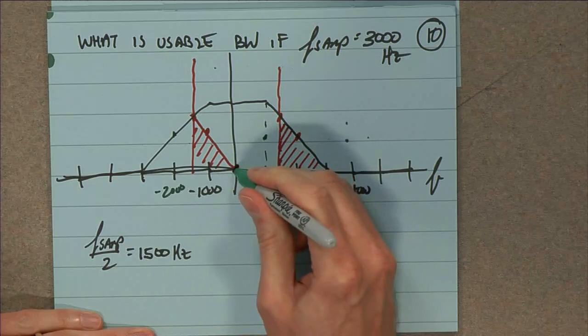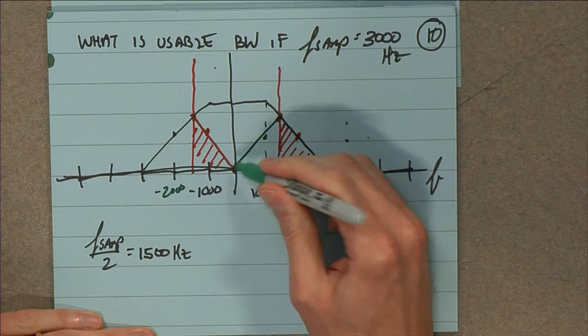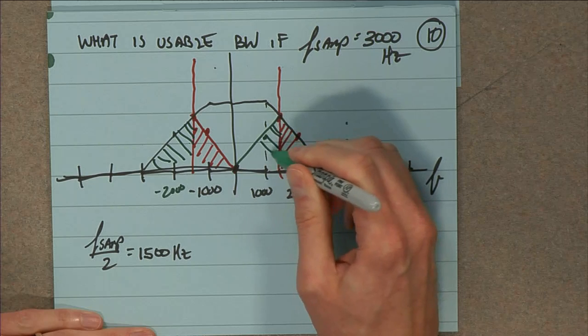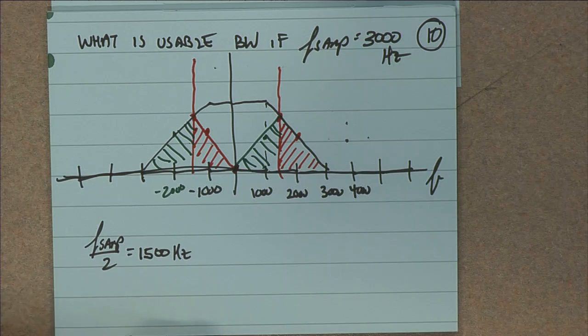Minus 3,000 aliases to there. And sadly, all this green bandwidth is aliasing into there. So that's not particularly good because that looks like there's nothing available now. All this bandwidth will be aliased. Or you could look at it, it's not controlled to the spec.